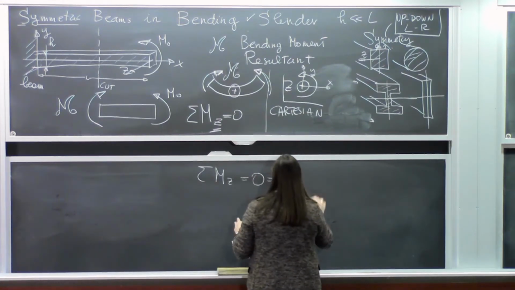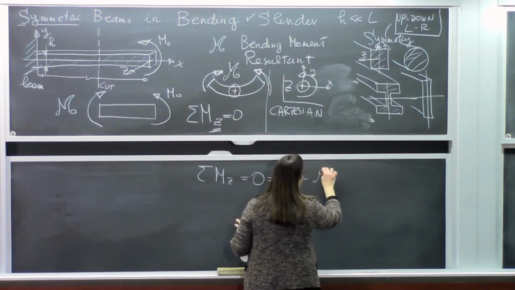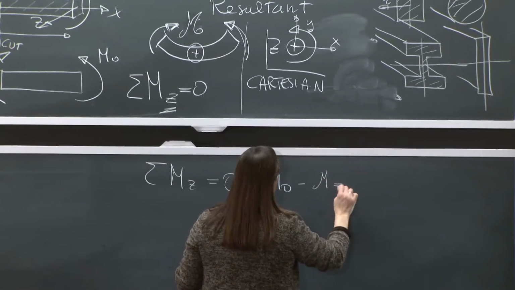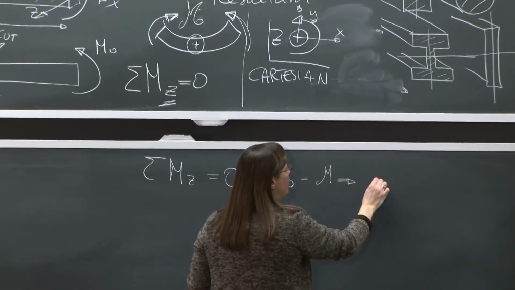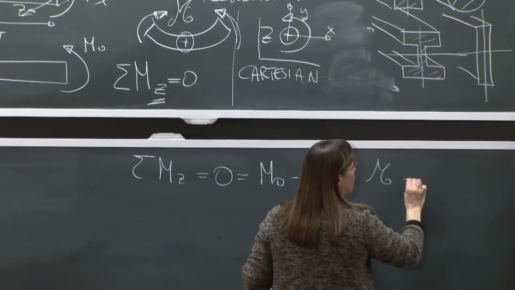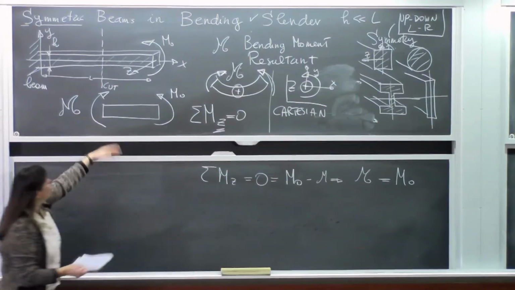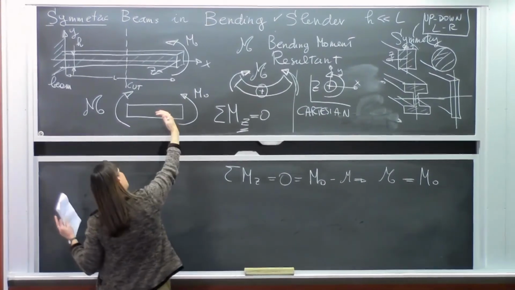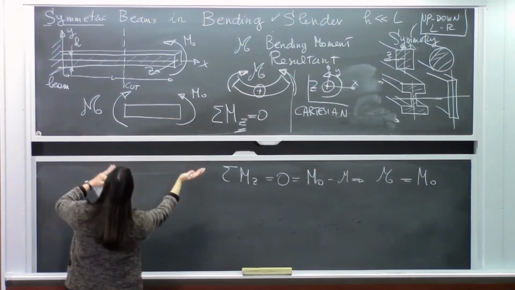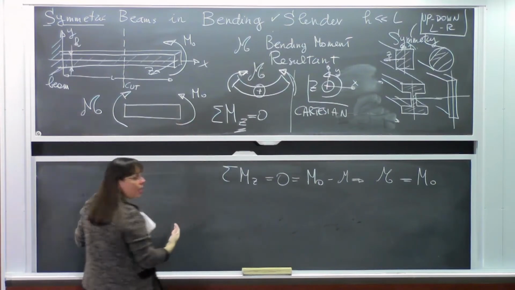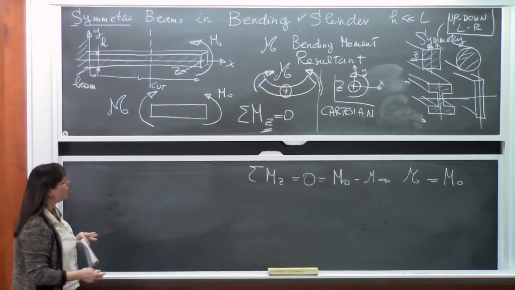So I have M0 minus M equal to 0. So I get simply that my bending moment must be equal to M0. Of course, must be equal in magnitude. If this is 3 kilonewton meter this way, this better be 3 kilonewton meter this way to keep the beam in equilibrium, right?